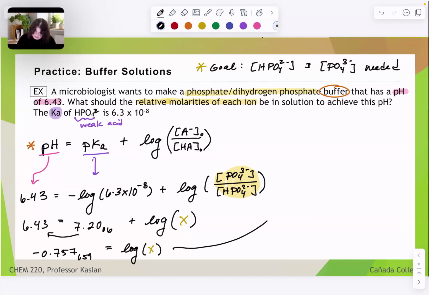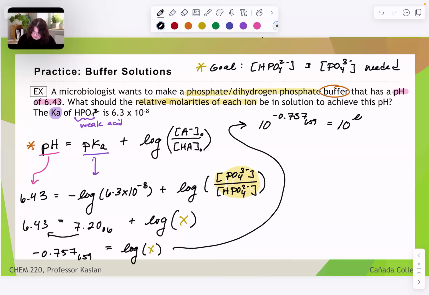And now to do an inverse of a log base 10, I need to raise each side of my equation as an exponent, with the base of the exponent being 10. So I'm going to do 10 to the both sides, so 10 to the negative 0.757659 is equal to 10 to the log of x.